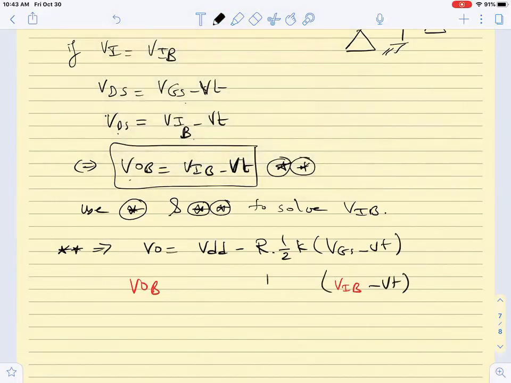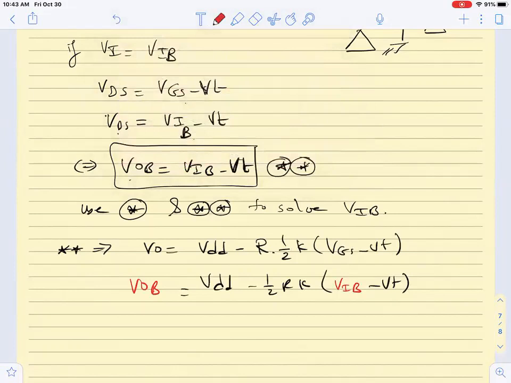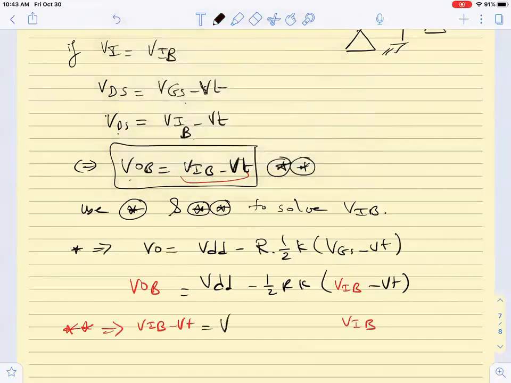Okay, half R K, VDD. And I know that VOB is equal to what? From double star, sorry, this is the single star. From double star, what do I know now? VOB here is VIB minus VT. Okay, and I can now have one equation, one unknown.